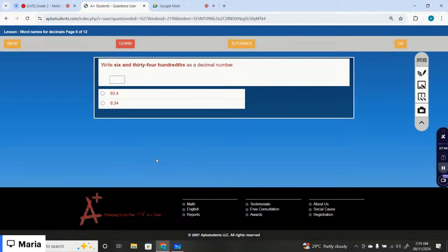Right? 6 and 34 hundredths as a decimal number. So which option?